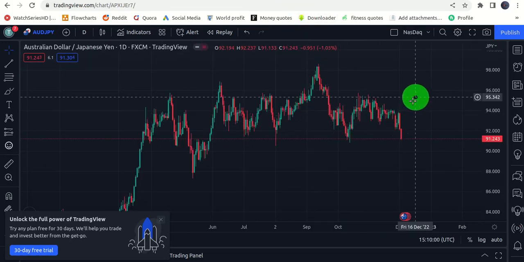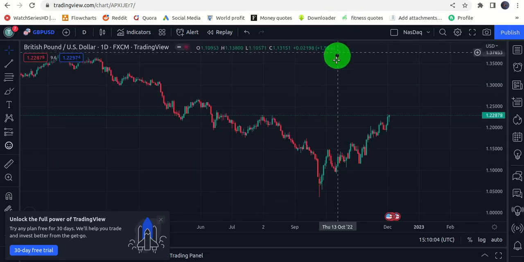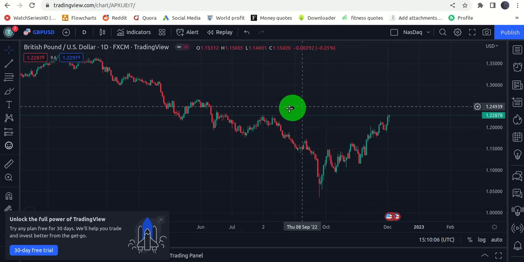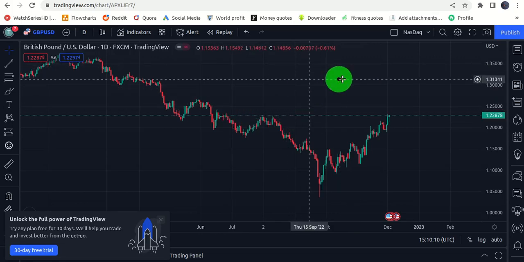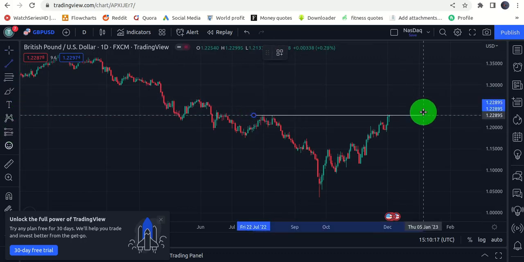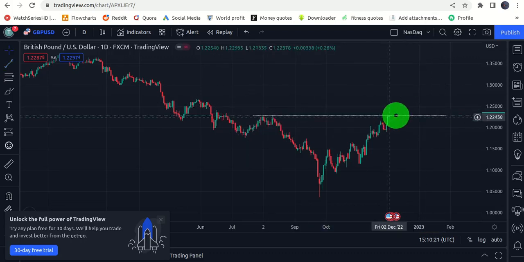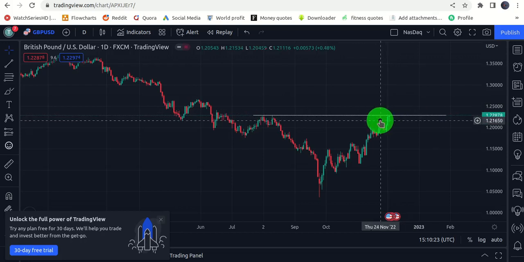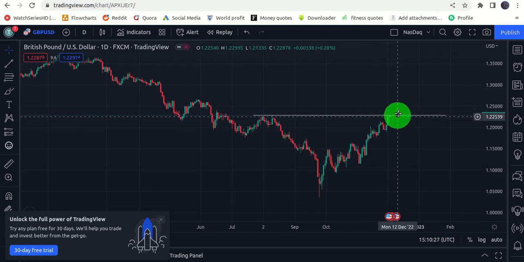AUDJPY. This one is kind of ranging. Let me just skip it. And for GBP USD, okay, this liquidity, so we'll just have to wait on Monday and see if this market continues to go up.